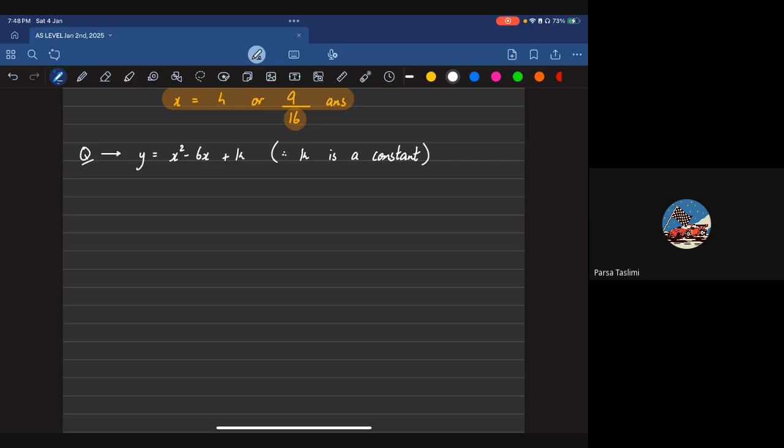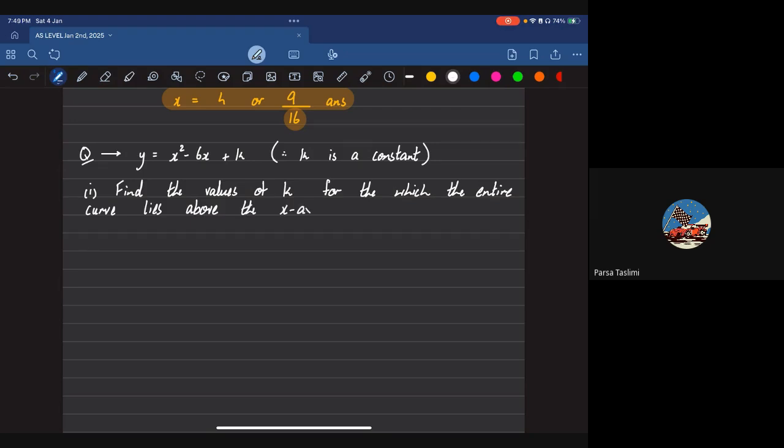So, the question says that this is an equation, and they are saying: find the values of k for which the entire curve, the curve that is in the equation, lies above the x-axis.